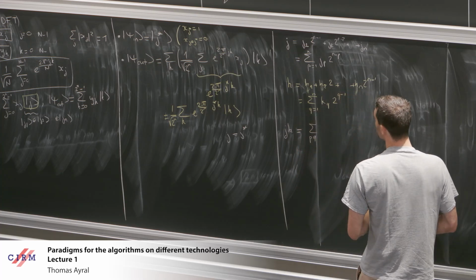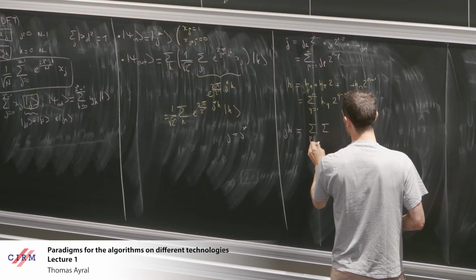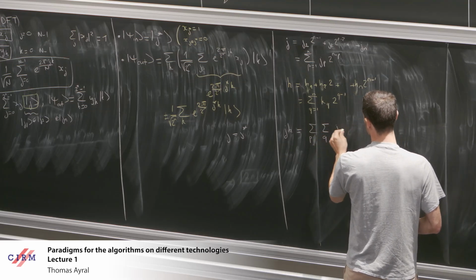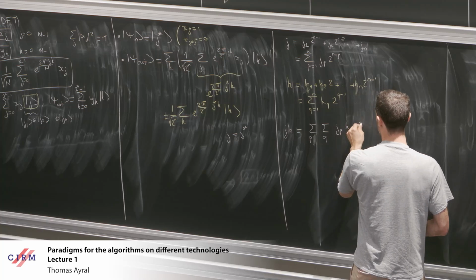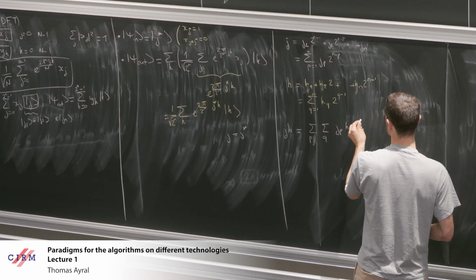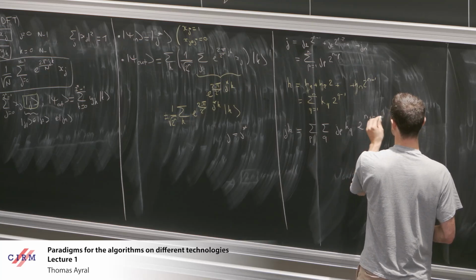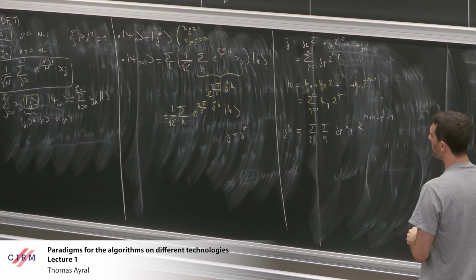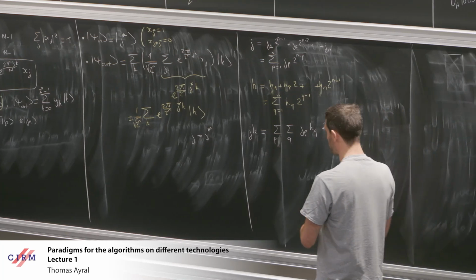So it's the sum over p, q, and I'm going to keep p, q separate for now, of jp kq 2 to the power n plus q minus p minus 1.